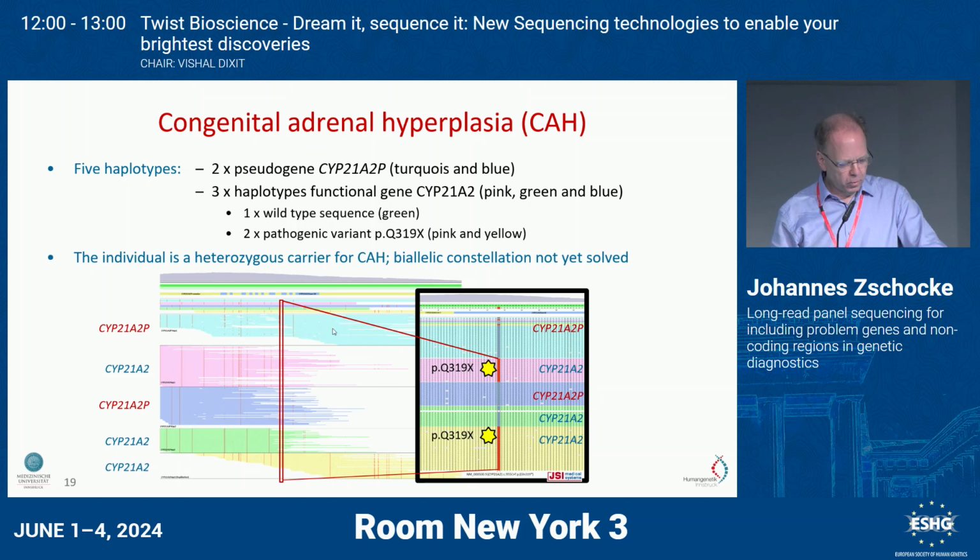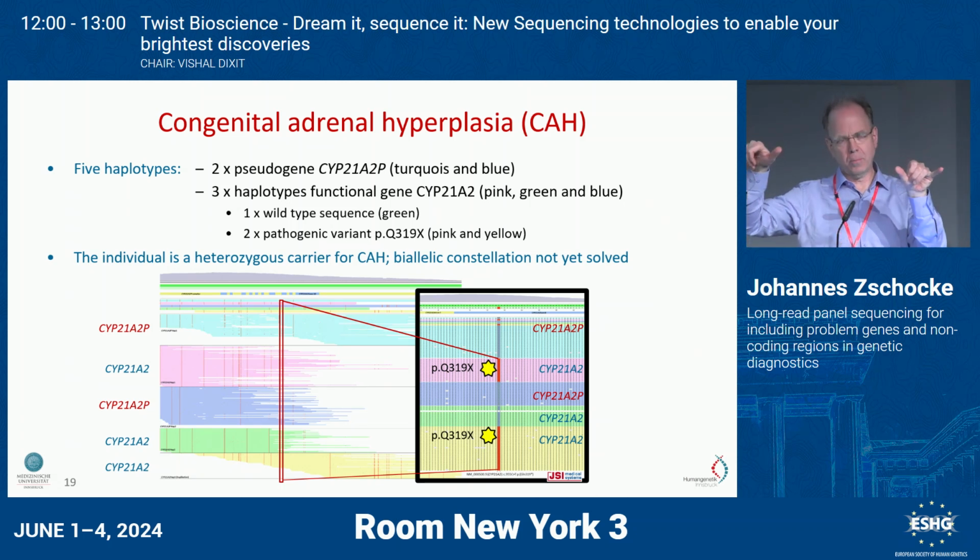And you have the whole sequence, and in 2 out of the 3 CYP21A2 genes, so the functional genes, you have the stop mutation here, which we know from the duplication. We know that there is one duplication allele where one of the copies has a mutation.